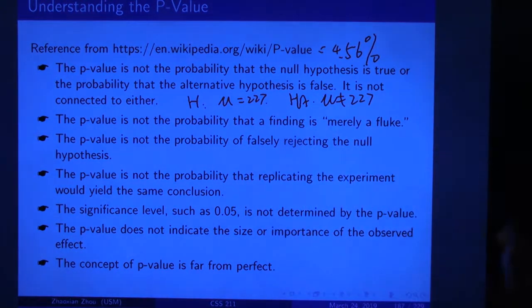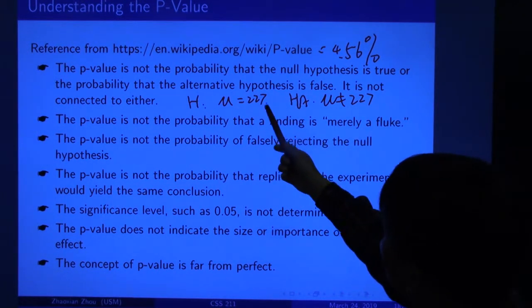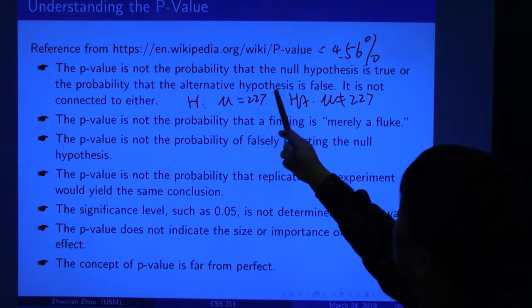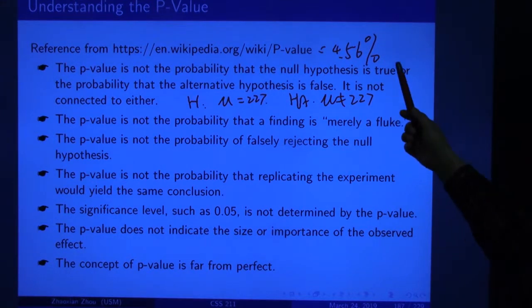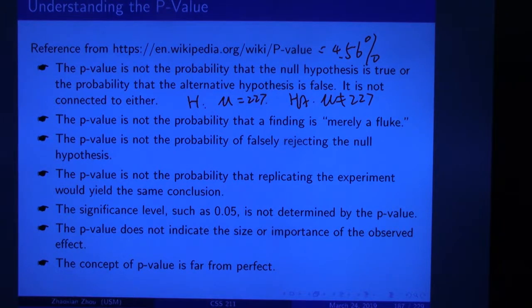We get these three numbers. Can we say that there is a 4.56% probability the population mean equals 227? Is this the meaning of the p-value?